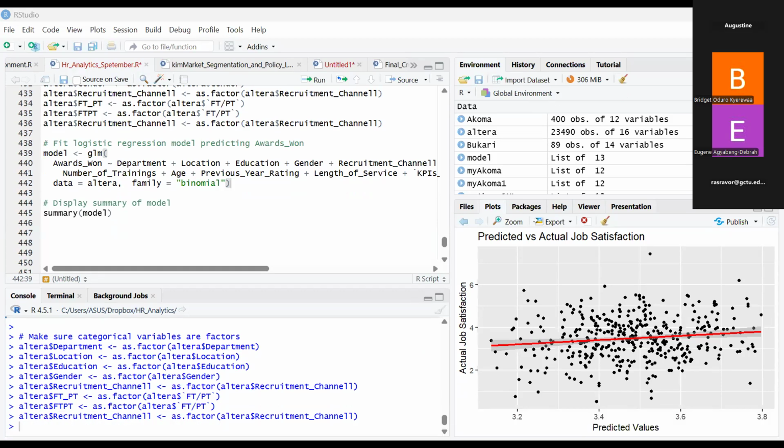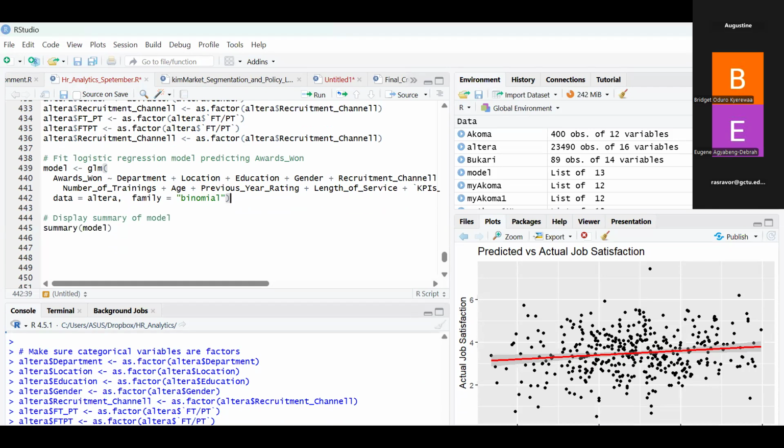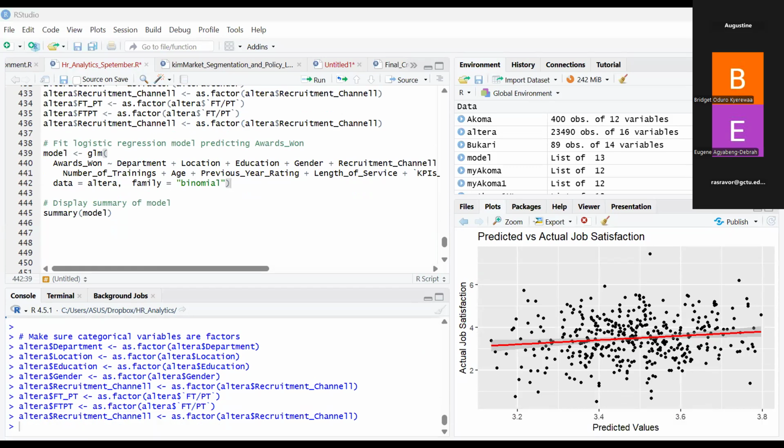Probably because the last command we had from you is the one that was asking us to make sure categorical variables are factors. That was the command we got from you. So I've resent it. Thank you. I never thought this would take us a long time.